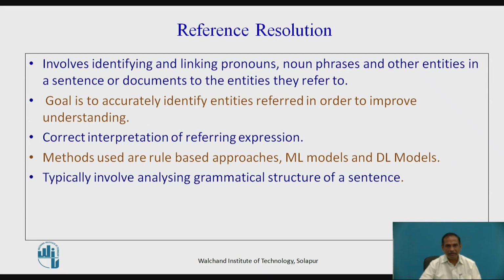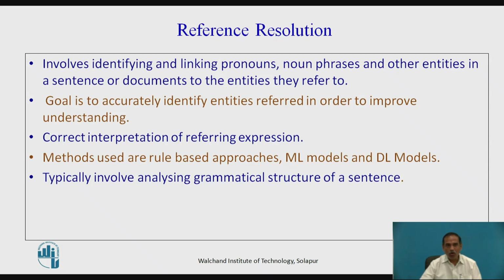Reference resolution is another concept that we require to do using NLP for information extraction, which involves identifying and linking pronouns, noun phrases, and other entities in a sentence or a document to the entities they refer to.